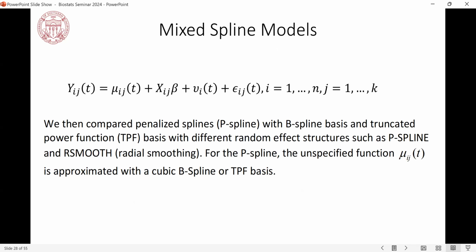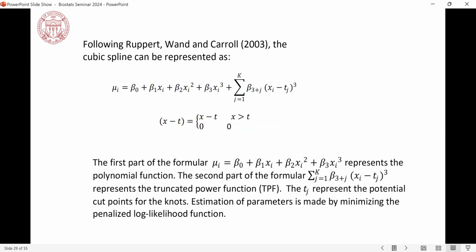Then to penalize it, we approximate the penalized spline with two options. One is called cubic B spline, and the second is called cubic truncated power function. So how do we use cubic spline to penalize it? This is a notation adopted from Ruppert, Wand, and Carroll.